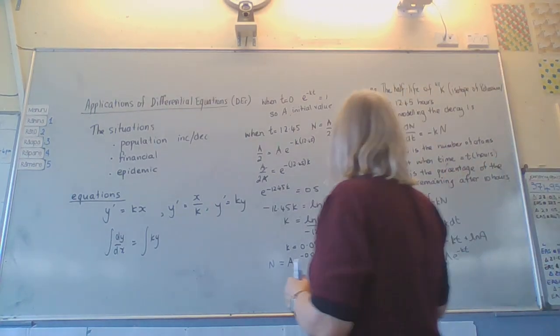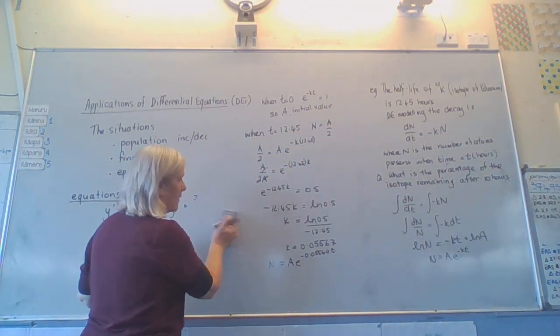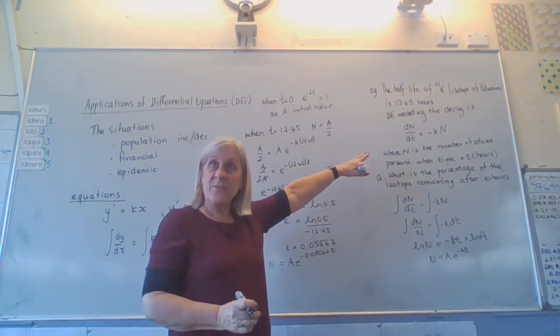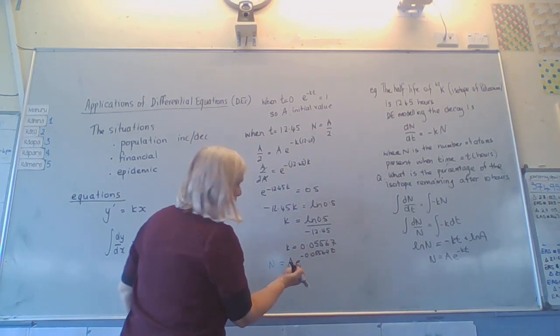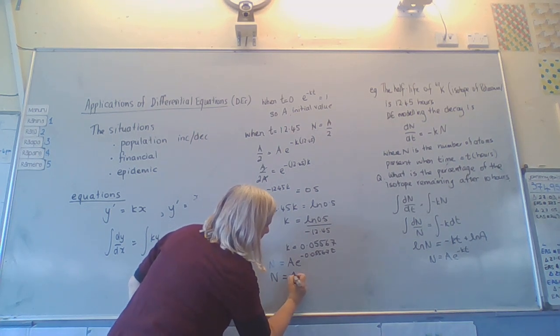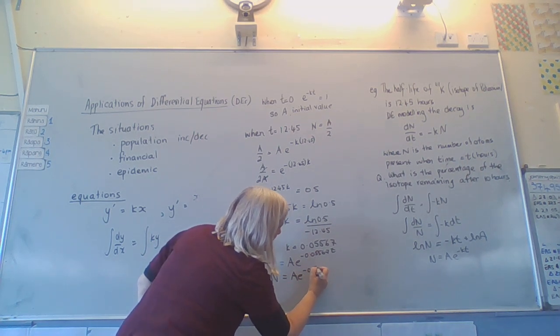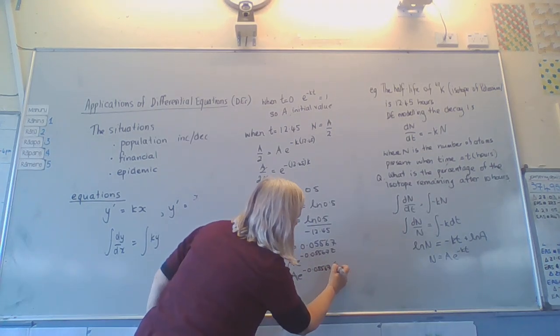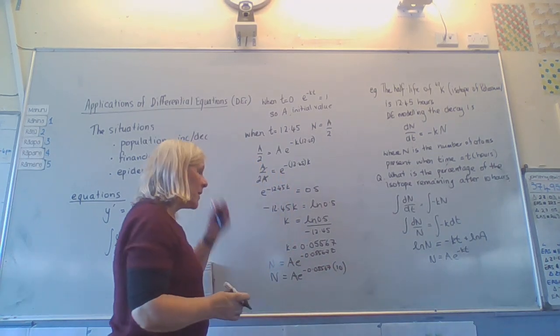No, you lost me. Okay, so what we want to do is we want to put our 10 in, all right, so that we've got n equals A e to the negative 0.05567 times 10, all right.